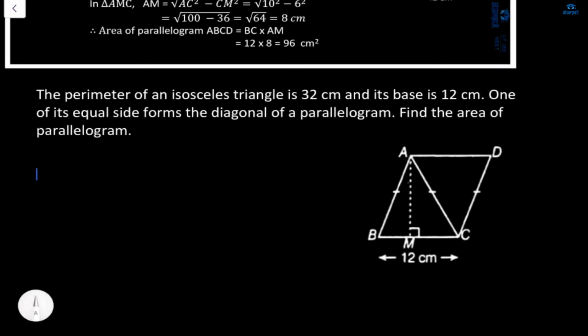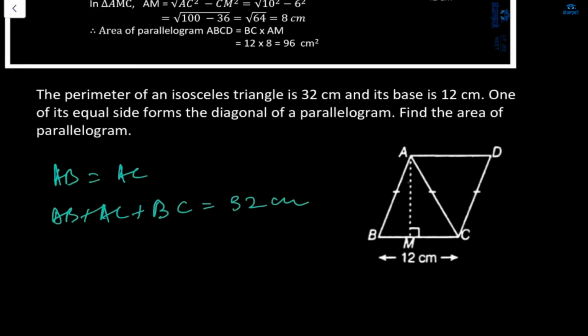Okay, so now what is here? The perimeter of an isosceles triangle. Now this triangle ABC is an isosceles triangle. That means AB is equal to AC. And the perimeter is given, that is AB plus AC plus BC is equal to 32 centimeter.